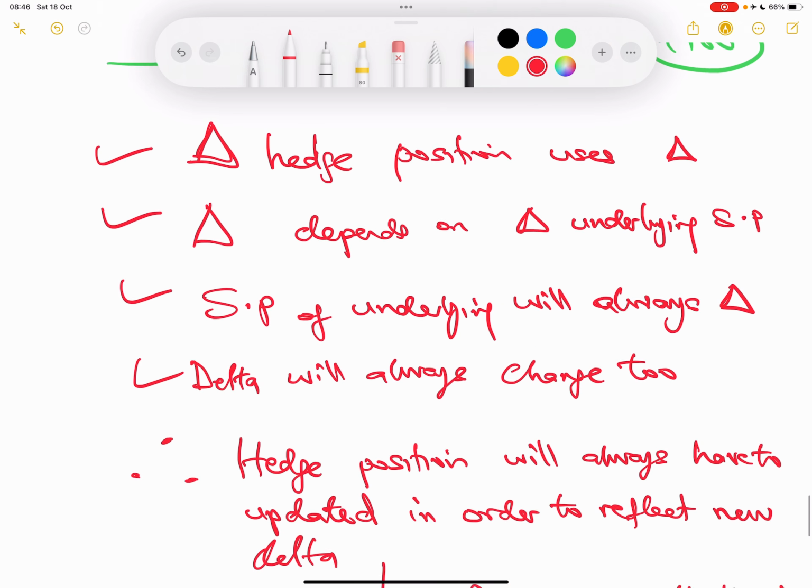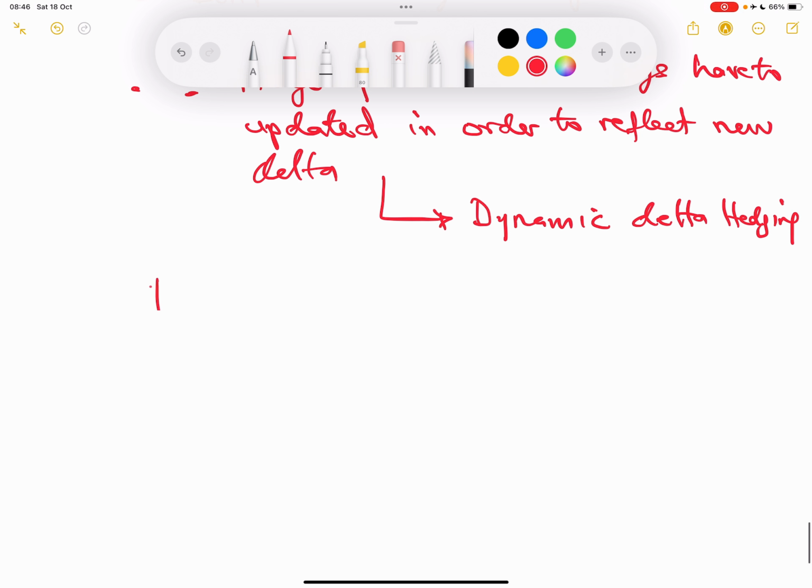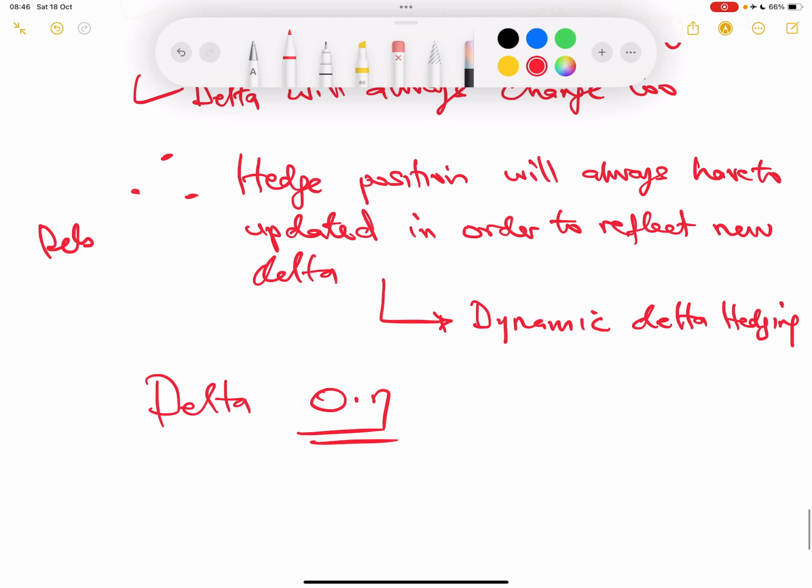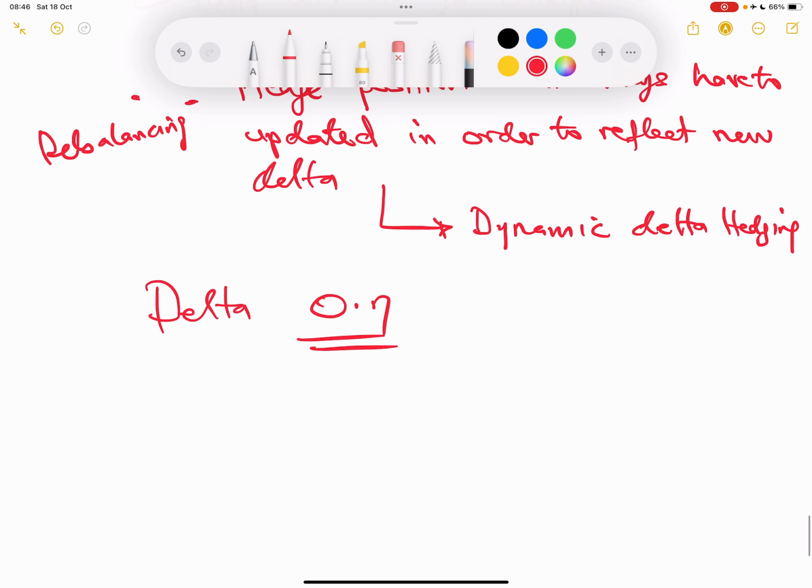Let's assume that the delta also changes, so delta that used to be 0.5 all of a sudden became 0.7. It means we need to reconstruct our portfolio. We need to rebalance.